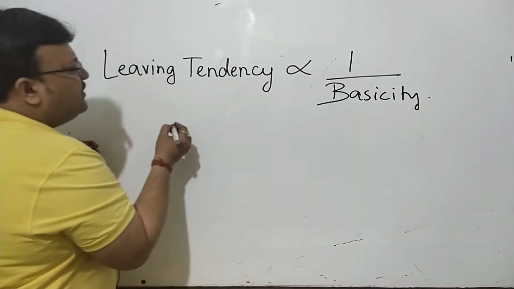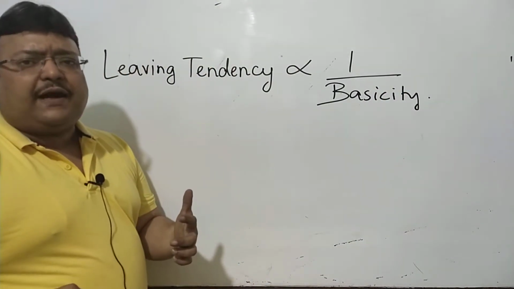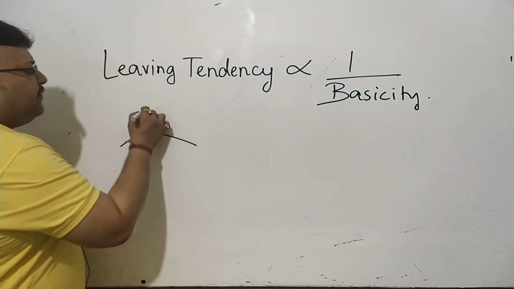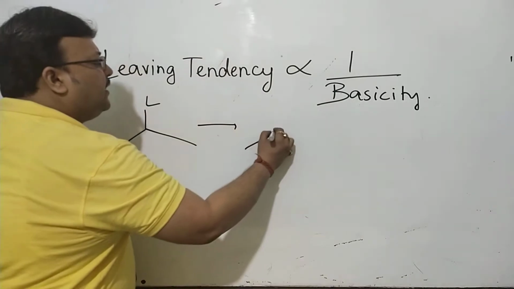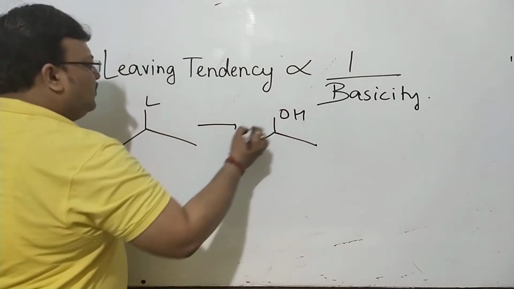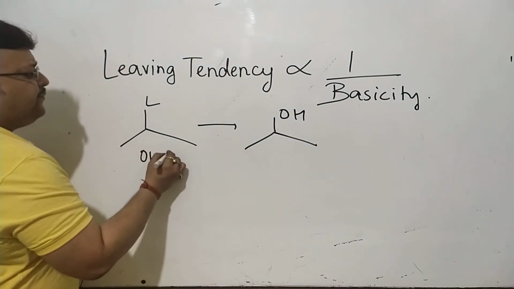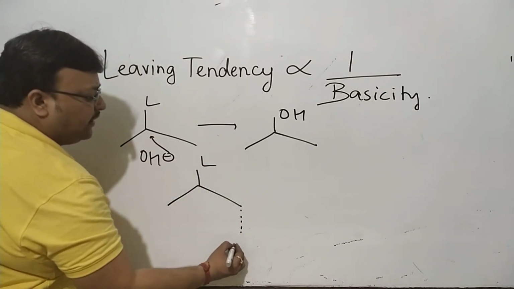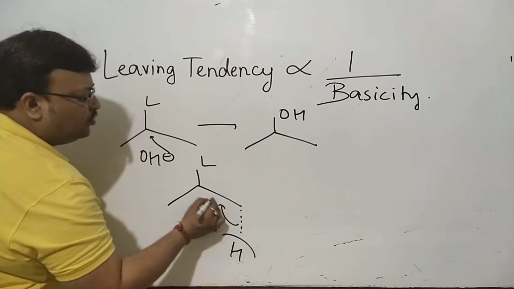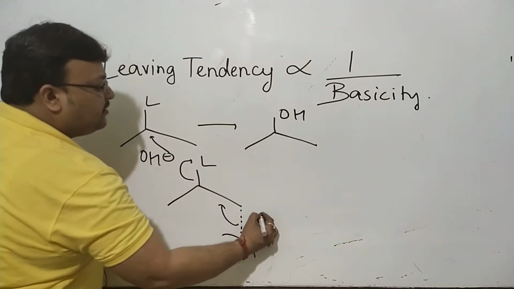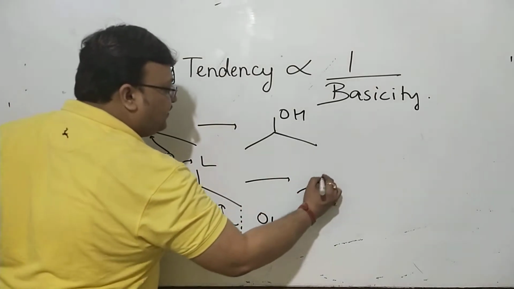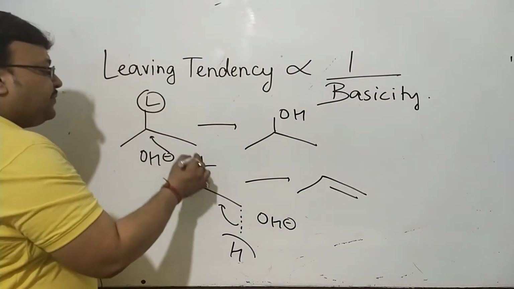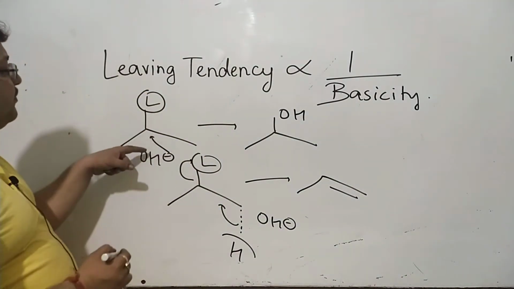A leaving group is something which leaves the chain of carbon atoms, whether it's a halide becoming an alcohol by substitution, or a halide becoming an alkene by elimination. In both cases, substitution as well as elimination, this is the leaving group.